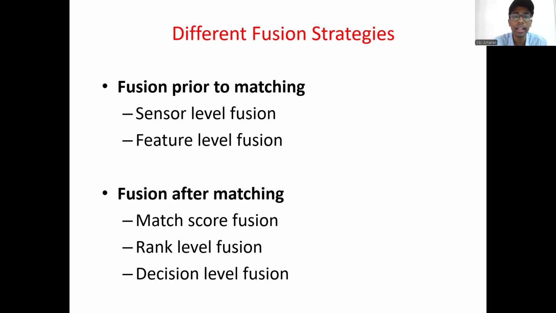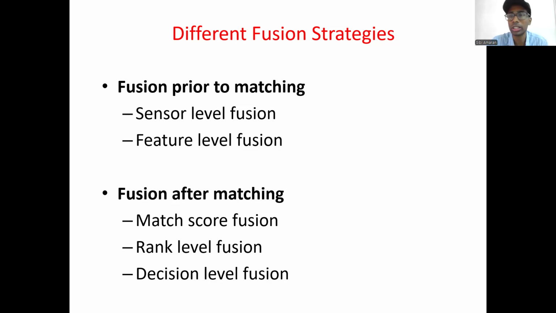Mosaicing means joining, and then we'll be identifying the score, whether that is matching or not. Then we'll be identifying the rank. If it is a similarity score, the rank will be less. If it is dissimilar, the rank will be very high. Then accordingly, the decision will be made.